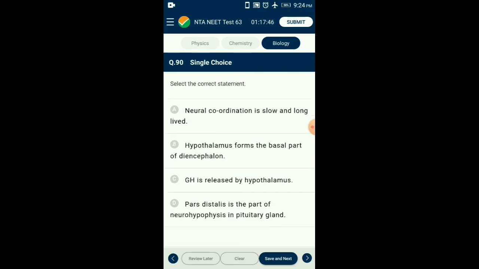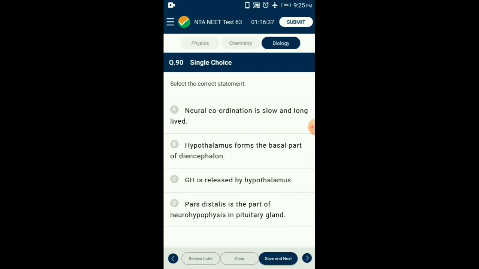Last question, question number 90. Correct statement. Here 4 statements are given. Hypothalamus lies at the base of the thalamus. It is a center for body temperature, urge for eating and drinking. It possesses several groups of neurosecretory cells which secrete hormones called hypothalamic hormones.